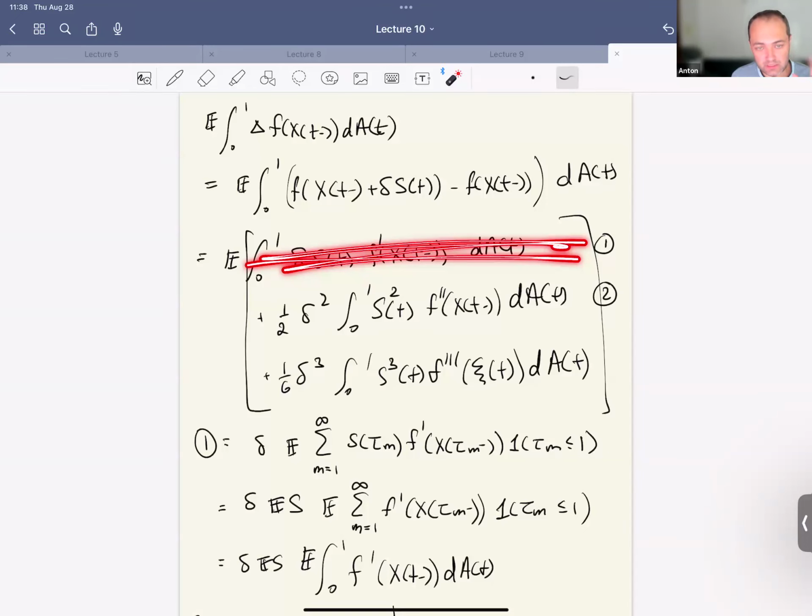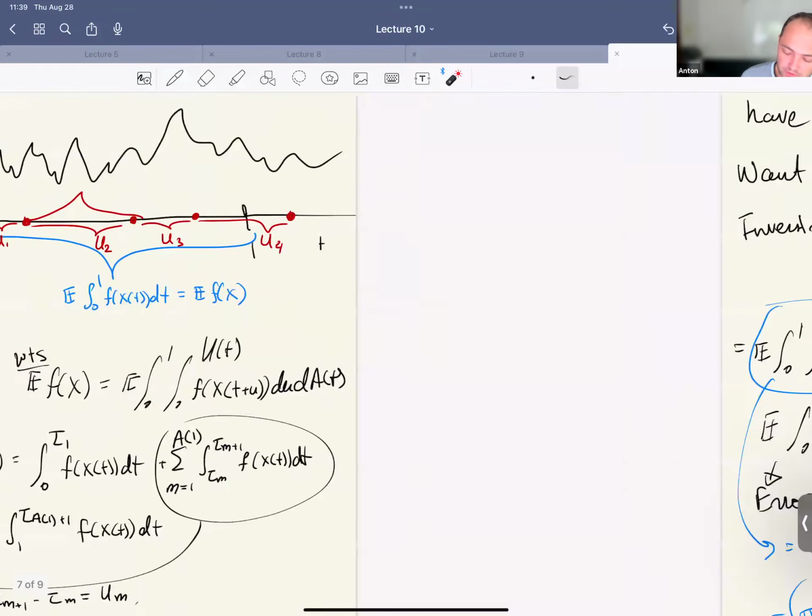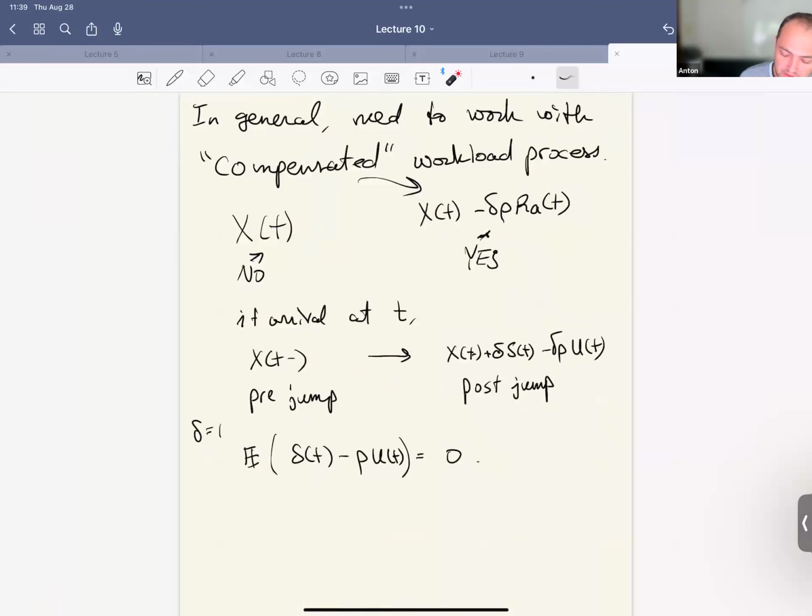And this is crucial. Not only does it simplify the algebra, but we don't know a way around it, Ziv and I. Because if you don't kill the first term, you get some kind of very nasty second order term coming out of it that you also have to deal with, but we don't know how to. So it's crucial to work with these compensated processes instead.